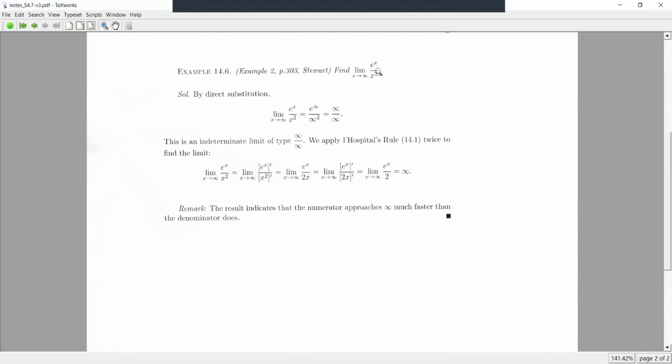The numerator approaches infinity exponentially, the denominator approaches infinity algebraically. Exponentially to infinity is faster than algebraically to infinity. So the quotient is infinity. The answer is infinity.